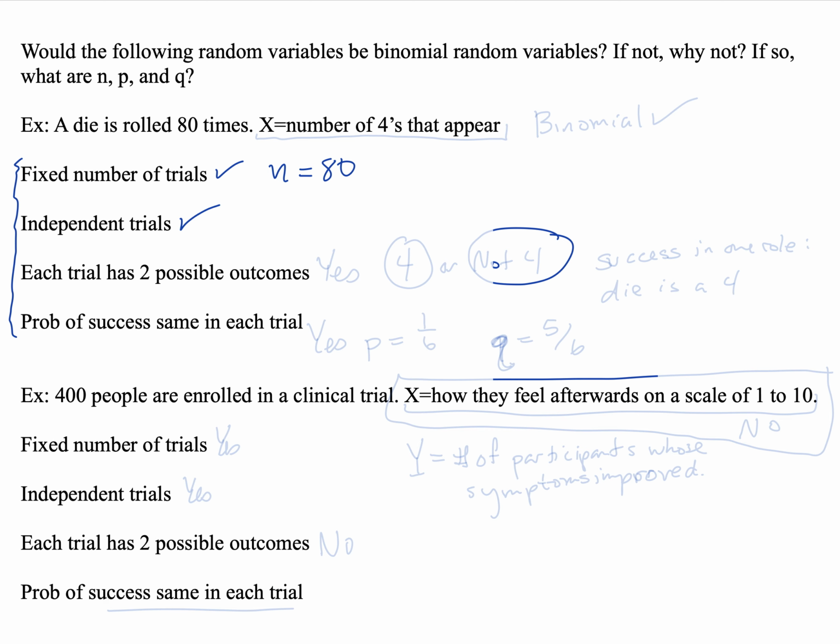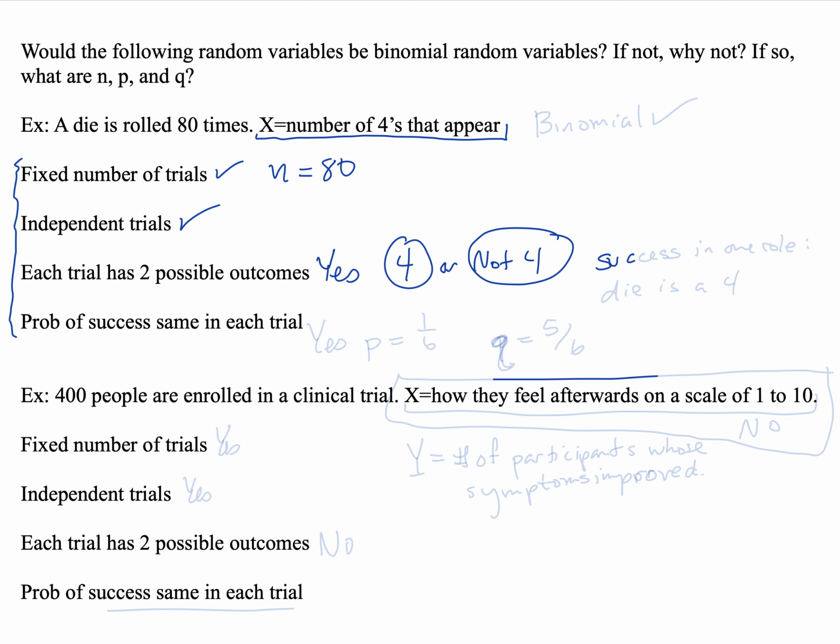Does each trial have 2 possible outcomes? In the context of this binomial question, our answer here is yes. And what are those outcomes? Our outcome is it's a 4 or not a 4. So it's either a 4 or it is not a 4. Those are the 2 possible outcomes.